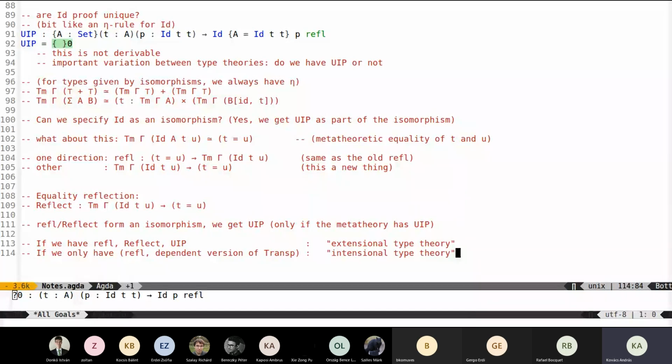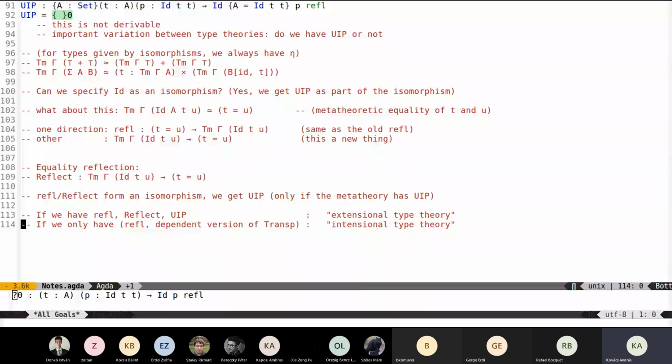But the naming is also just legacy naming. In reality, we have lots of intensional type theories which are more extensional than extensional type theory. So it's just some terminology which you should probably remember, but this naming is not super descriptive anymore.